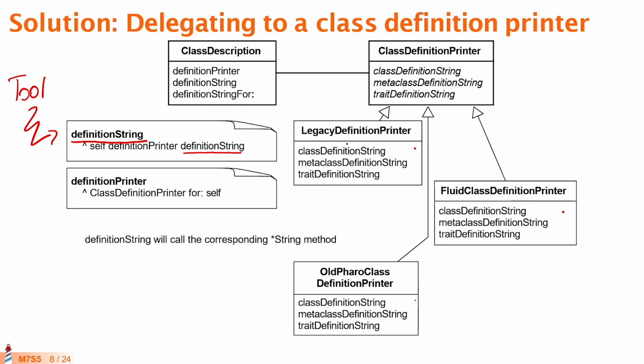For example, the legacy definition printer knows how to print a class, how to print a metaclass, how to print a trait. The same way, the fluid class definition printer knows how to print a class, a metaclass, a trait, and so on. And what you see is that the definition string is first creating a printer. This printer will return one of these instances, and then we send the definition string. The definition string, this is not written on the diagram, will call the corresponding string methods that we have here. We will see that in a moment.